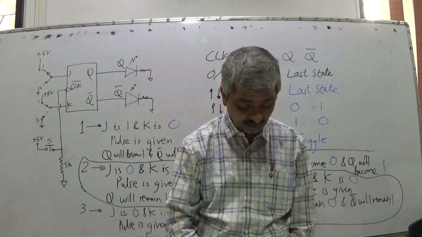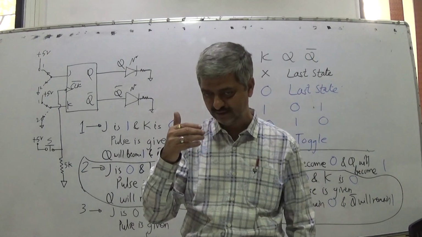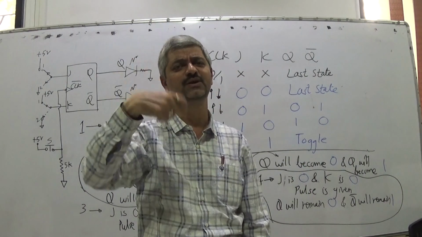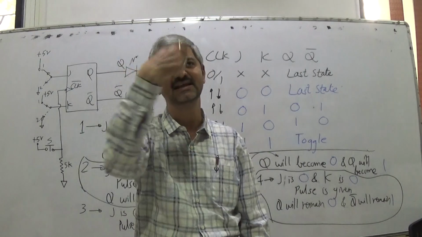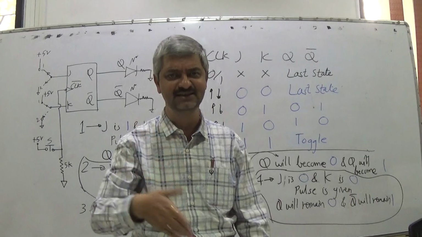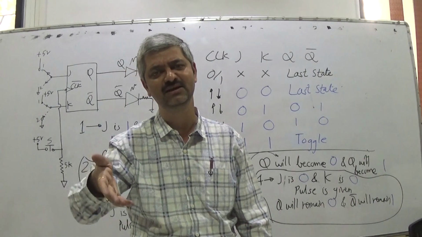So when inputs are 0 0, now actually you can have an exercise. Take any sequence, whatever you like, randomly. J and K this, give pulse. J and K this, give pulse. Only thing is, no setup is needed. Manually you can think everything.